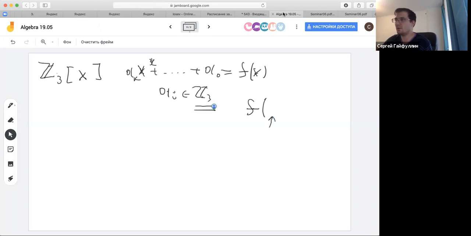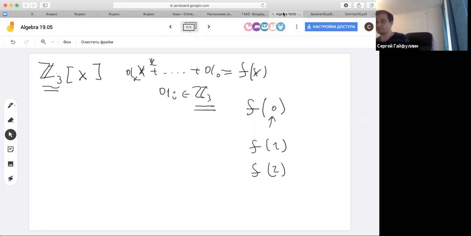So I can compute f of 0, f of 1, f of 2, not some extra values, just from this ring of coefficients. Okay, clear? And if f has a root, it is just one of the elements of this ring.